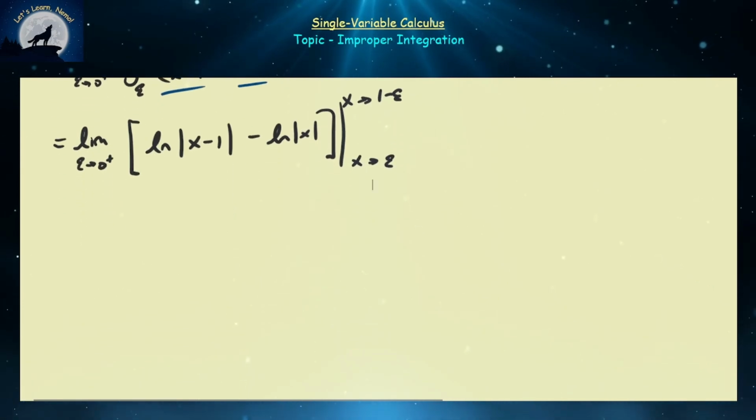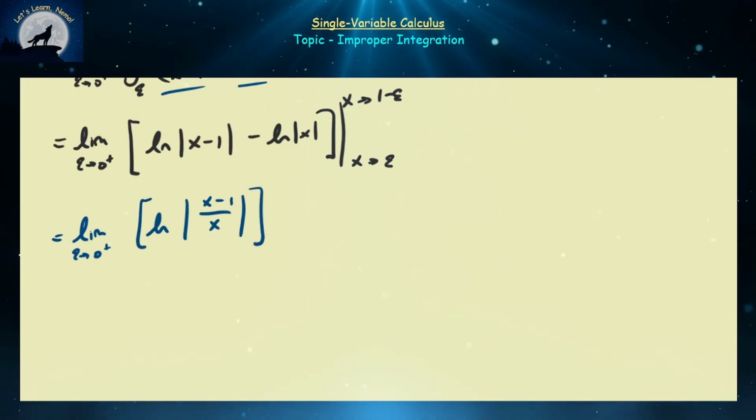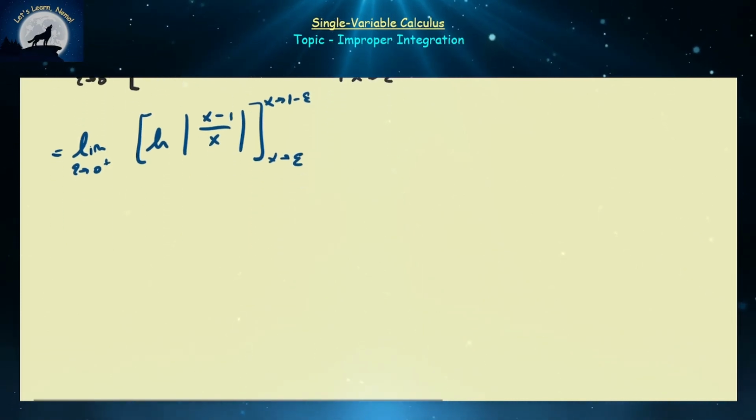Before I substitute, I just want to simplify this just a little bit. This is going to be equal to the limit as epsilon goes to 0 from the right of the natural log of the absolute value of x minus 1 over x. All right, and keep in mind this still needs to be evaluated as x goes to 1 minus epsilon and as x goes to epsilon. Now let's evaluate upper limit, lower limit, and subtract.